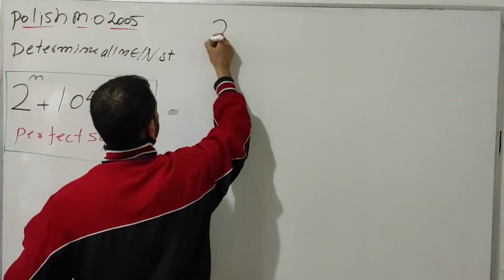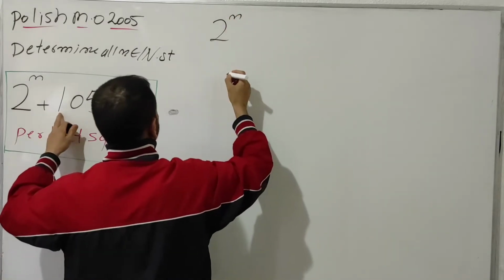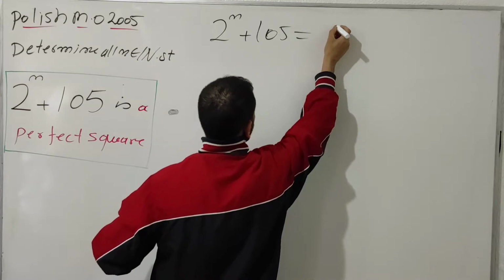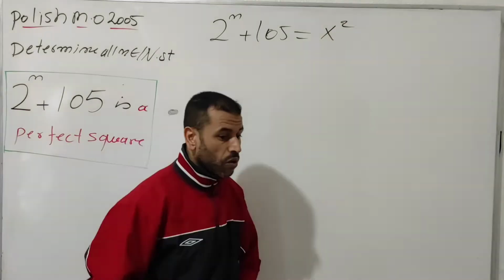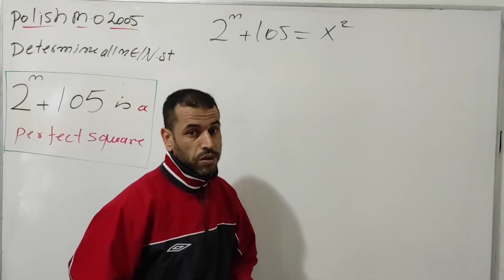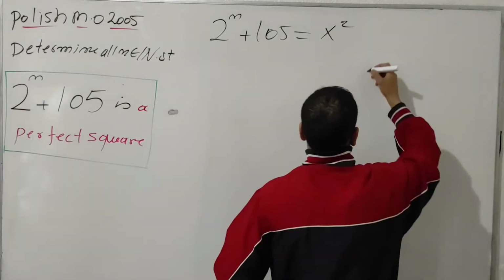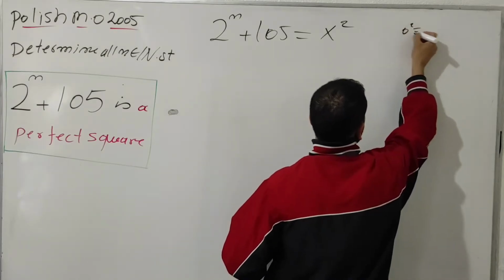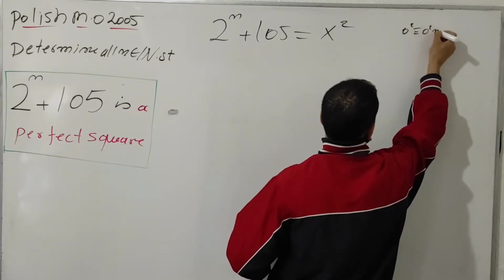So we are saying this perfect square must be written in the following way: equals x squared. Now I'm going to reduce this one to mod 3 to check where we have the perfect square. Let's take, for example, 0 squared is 0 mod 3.